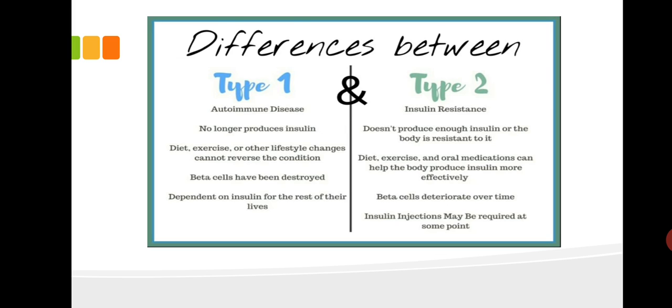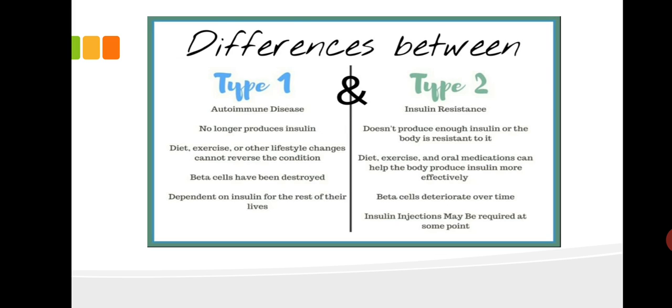The major difference between type 1 and type 2 diabetes: type 1 is an autoimmune disease, type 2 is an insulin resistance disease. Type 1 no longer produces insulin, but type 2 does not produce enough insulin, or the body is resistant to it because the insulin does not stimulate the cells.